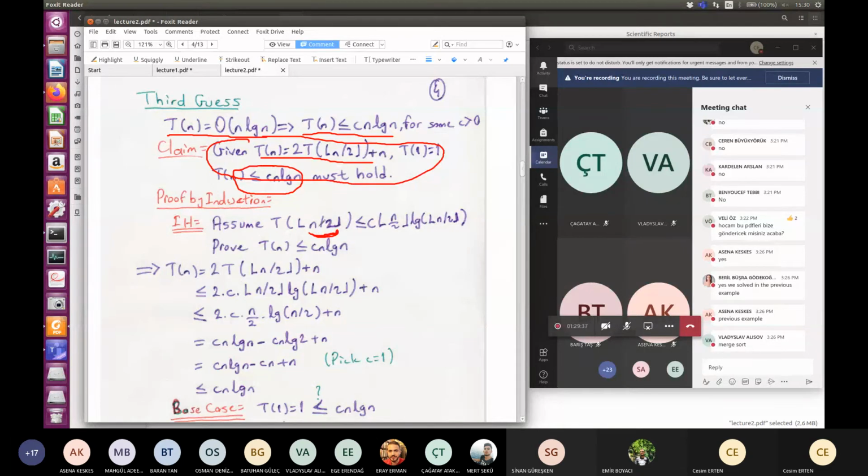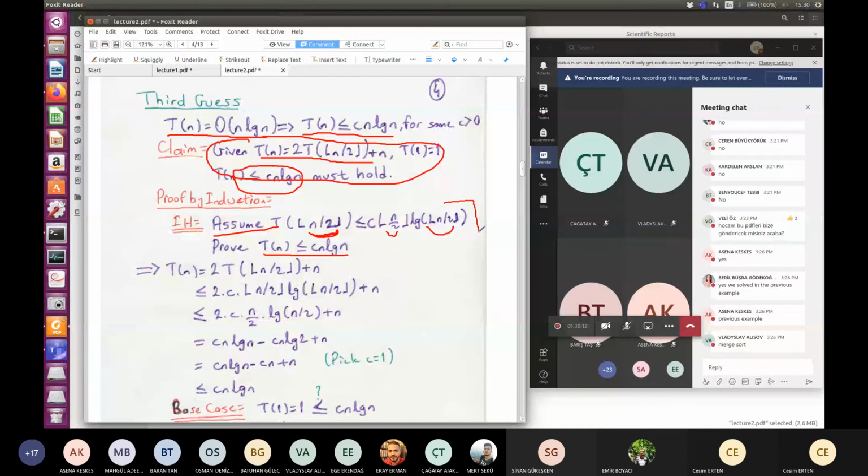T of n divided by 2 is less than or equal to c times n divided by 2 times log of n divided by 2. Because this is what we want to prove for n. Let's assume that this is true for n divided by 2. Based on this assumption, let's prove that the same is true for n. That is, T of n is also less than or equal to c times n log n.